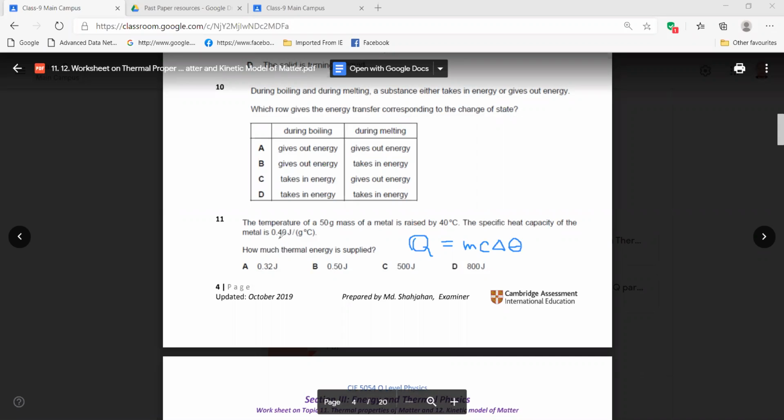If it is given in joule per kg per degree Celsius, then you have to convert. This one is given per gram, that's why you do not need to convert. So 50 will be written here directly.